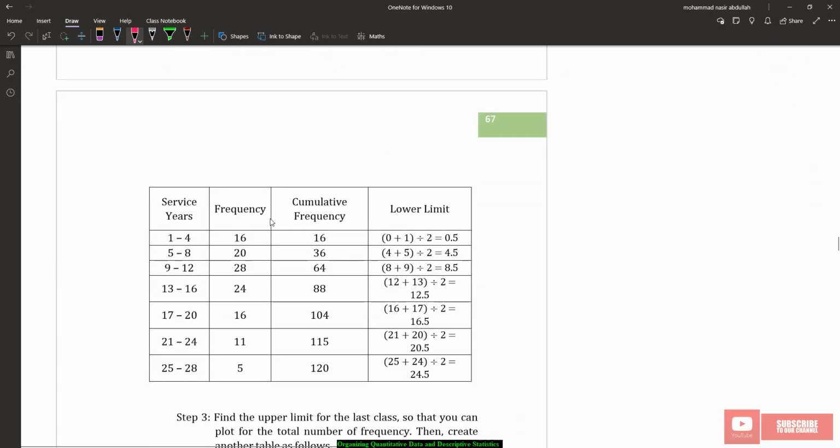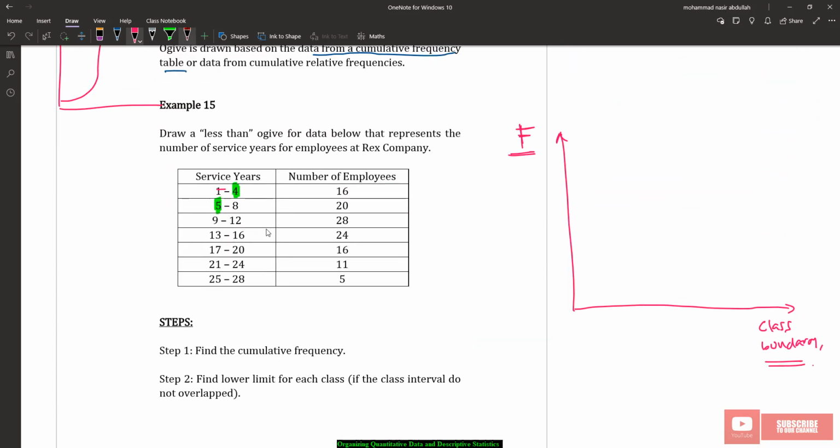If you look at this one, okay, it's not written, so we'll do it. I just want to show you. This is from 0.5 to 4.5, 4.5 to 8.5, 8.5 to 12.5, 12.5 to 16.5, to 20.5, 20.5 to 24.5, 24.5 to 28.5. How do I get this 0.5?